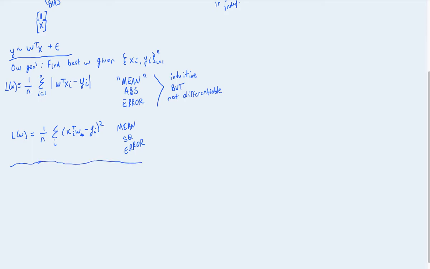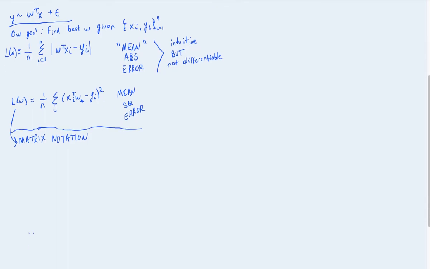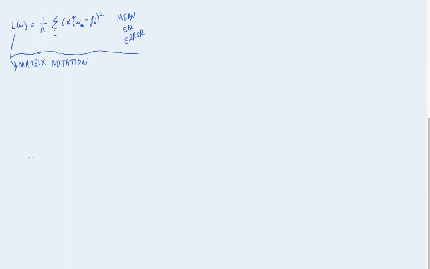So what I want to do now is rewrite this loss function using matrix notation. It'll be easier for us to move forward with the linear algebra in this section if we think of our loss function for a particular choice of w in terms of matrix notation.